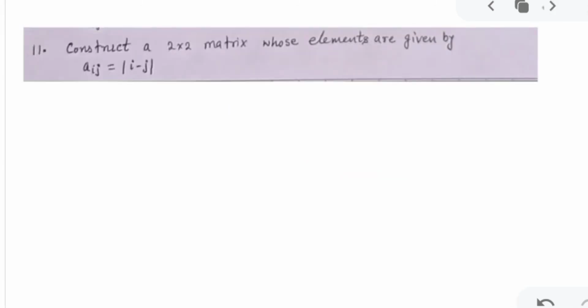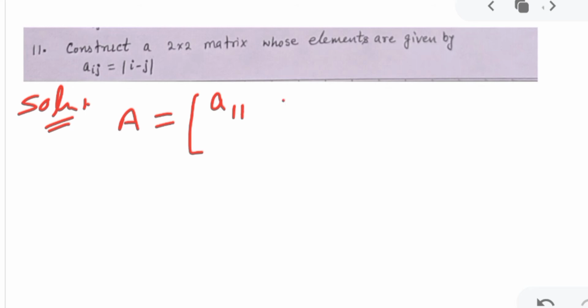Okay students, this is question number 11. This is also the same as question number 10. We have to construct a 2 cross 2 matrix whose elements are given by aij. In the same way, the 2 cross 2 matrix in general, if I give it the name A, I can write as: A11, first row, first column, A12, first row, second column, and then second row, first column, A21, and second row, second column, A22.